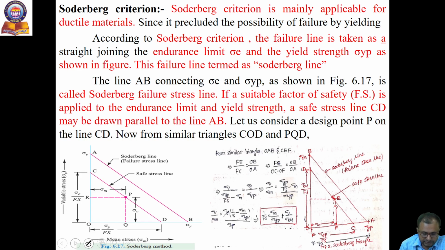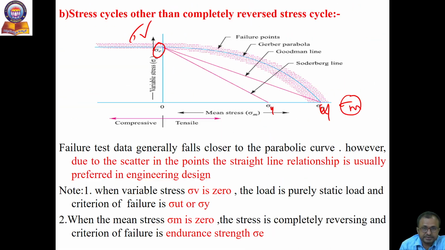Failure data generally falls closer to the parabolic curve. However, due to scatter in the points, the straight line relationship is usually preferred in engineering design. Note 1: when the variable stress is 0, the load is purely static and the criterion of failure is either yield point stress or ultimate point stress.